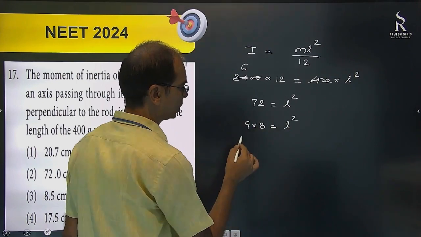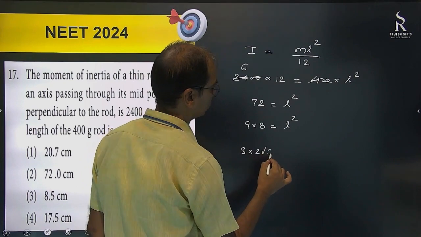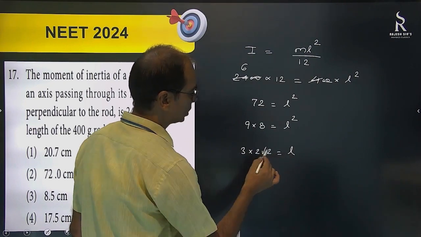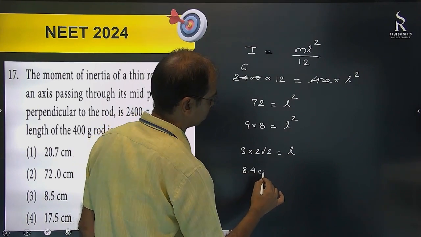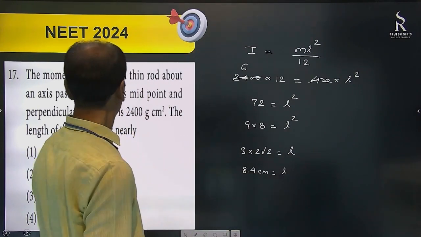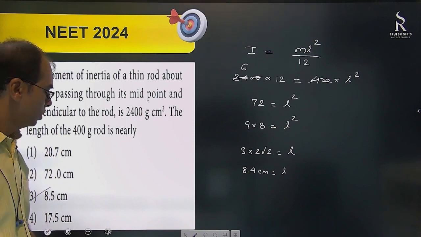So square root of this, square root of 9 is 3 and square root of 8 is 2 root 2. These many centimeters, so this is 6 root 2. Somewhere around 8.4 or 8.5 centimeter is going to come. Okay, 8.4 is the answer. Easy question. Next.